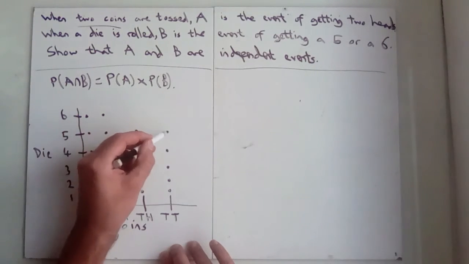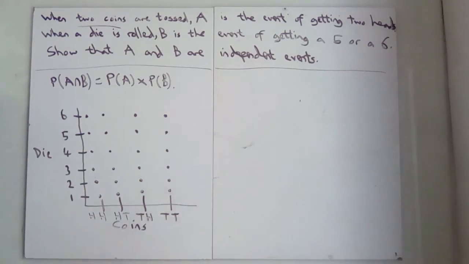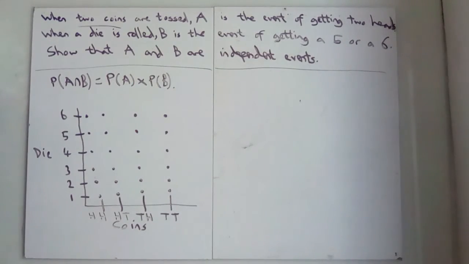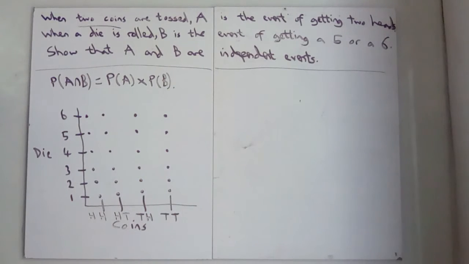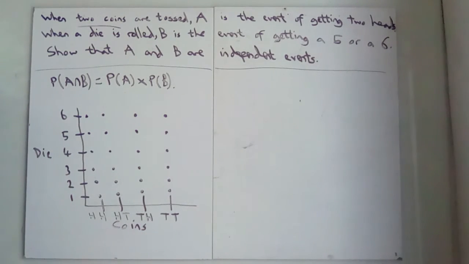But it is kind of where probability starts, so it's not the worst thing to see. So this now represents the possibility space of all possible outcomes when we toss 2 coins and roll a die. There are 4 this way, 6 that way. There's 24 possible outcomes, right?